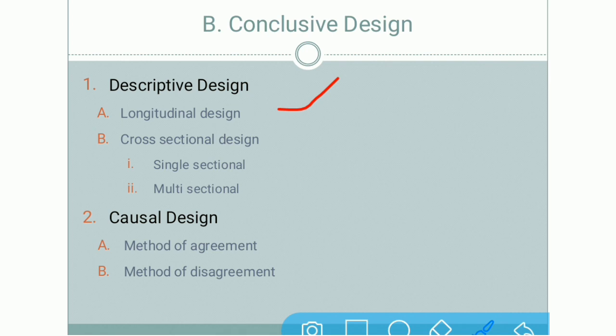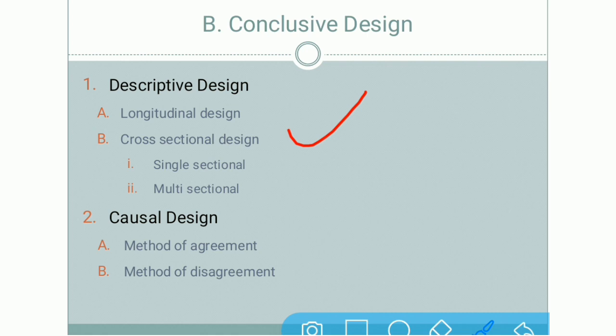That is, the topic is one, the questions are the same, but if the study is conducted repeatedly on the same respondents, then it is known as a longitudinal design. And cross-sectional design is where a study is conducted only once on the students or respondents.